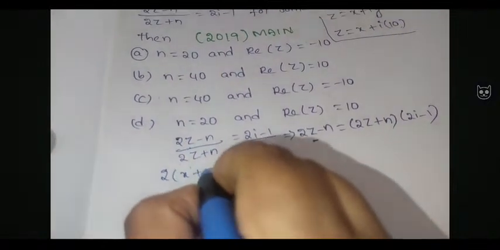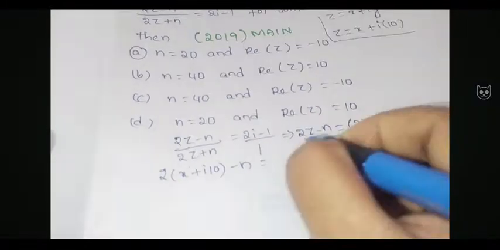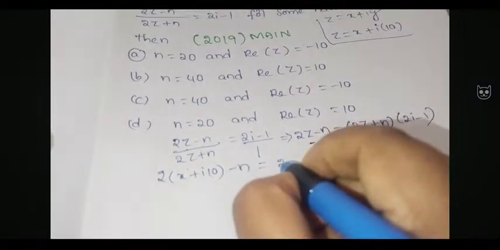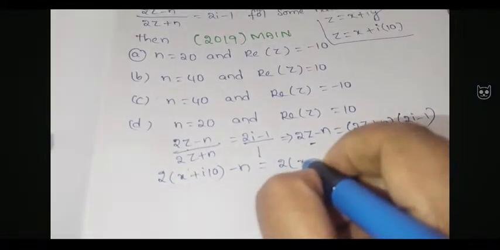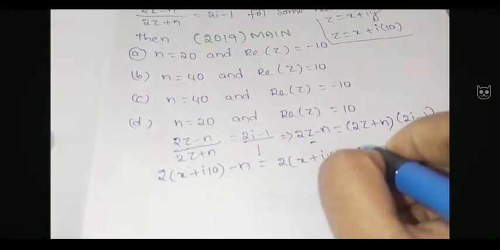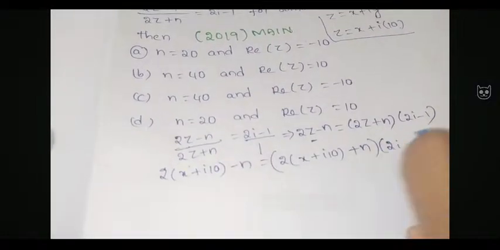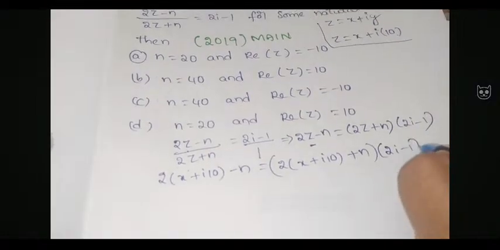2 into (x plus 10i) minus n, that equals 2 into (x plus 10i) plus n, into (2i minus 1).